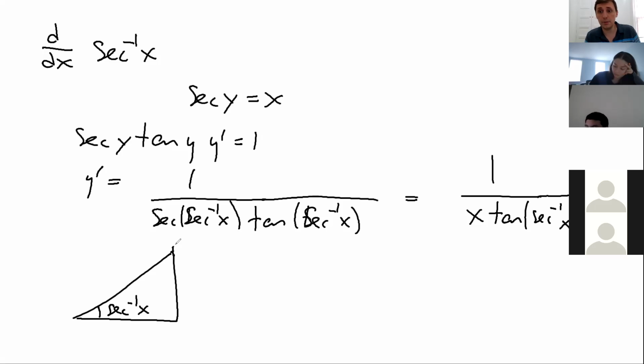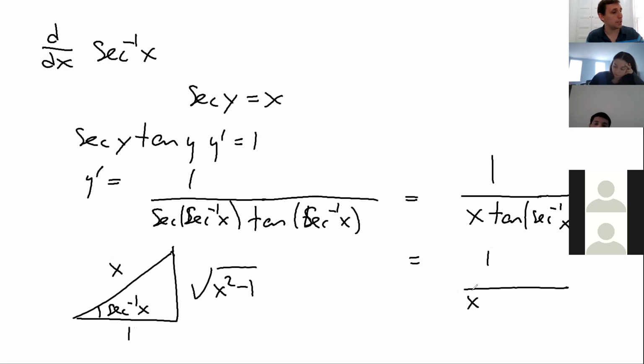Which sides do I label, please? Yes, thank you. x is hypotenuse, 1 adjacent, which means this is now square root of x squared minus 1.